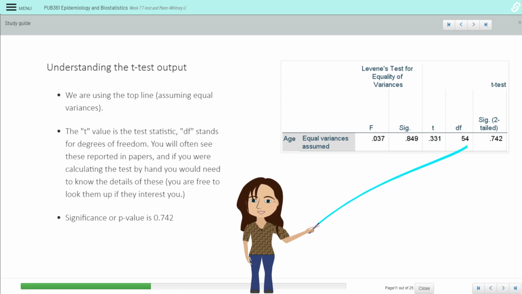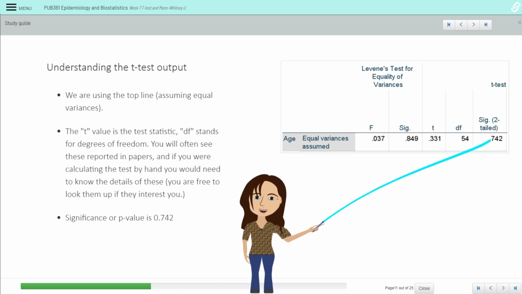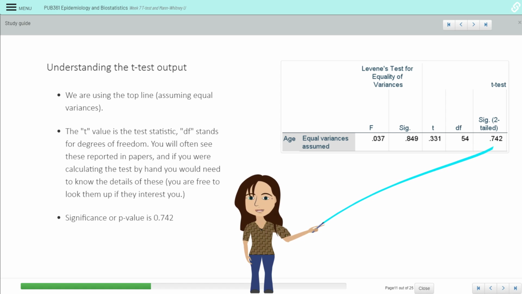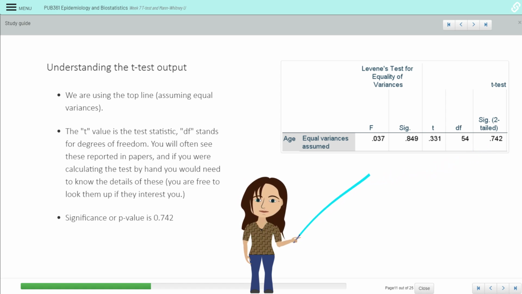You would calculate the degrees of freedom, which is related to the sample size, and then you would look up your p-value off some tables. And then there's another version of the test below if the variances were not equal. So here we have a p-value of 0.72. So we have no evidence that there is any difference in the mean age between the groups, which is what we want because we're hoping that our groups are approximately equal.